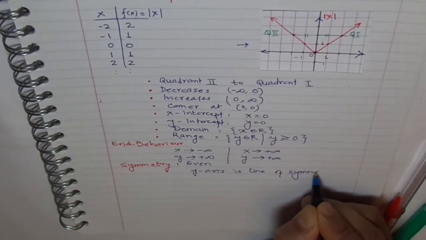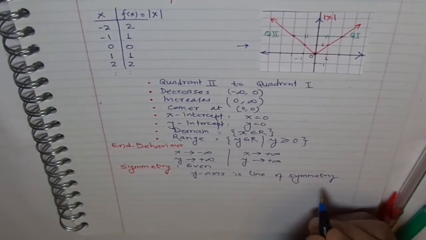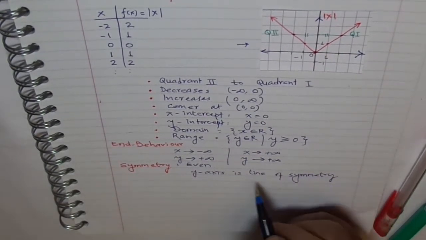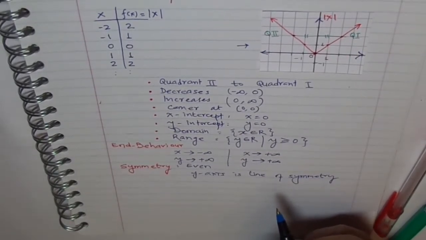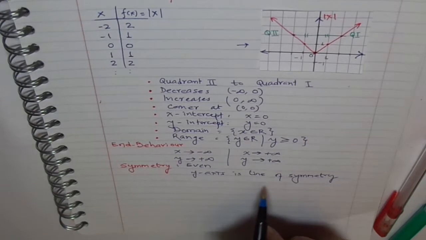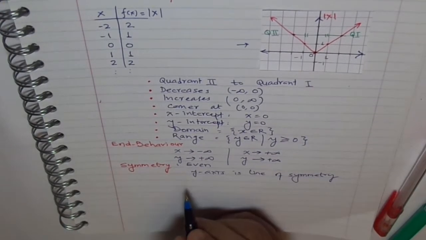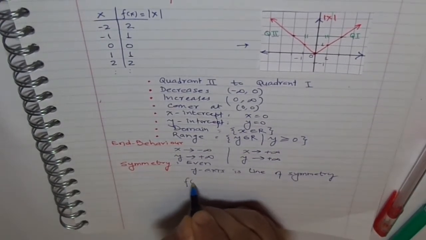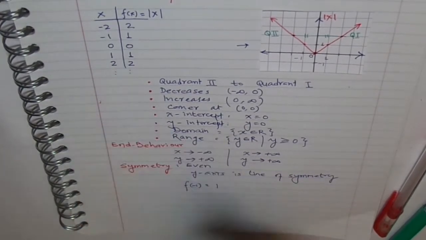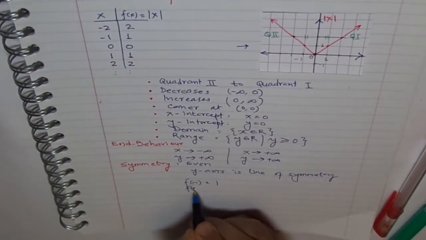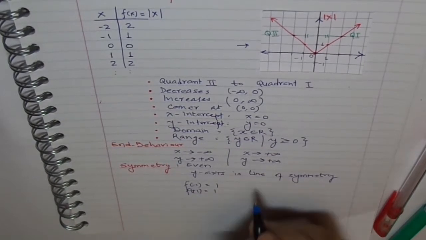Even symmetry is sometimes also referred to as line symmetry because there is a line along which the graph is symmetric. So here the y-axis is the line of symmetry. And as I told you, what is f of -1? It is 1. And what is f of +1? Also 1.